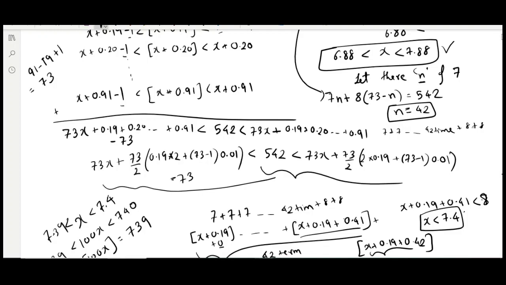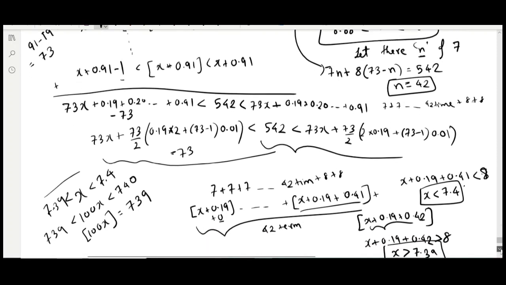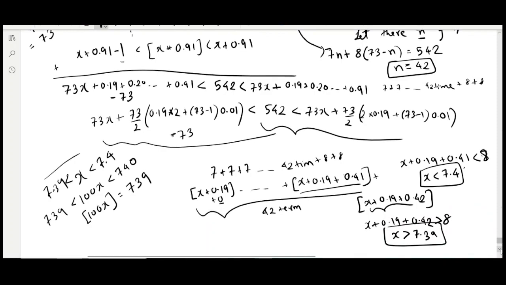So we used this interval to solve further, and then we got another interval, this one, and this was sufficient for us to get the answer, right? I hope you understand the question. Though the question is quite lengthy, it is doable if you know the basic concept of the greatest integer function. Thank you.